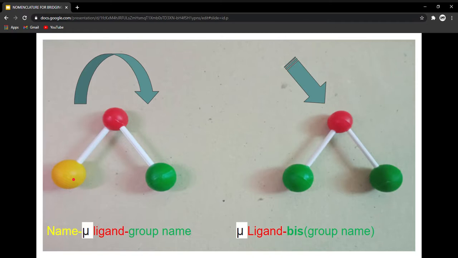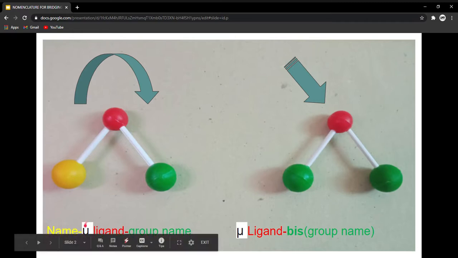You name the group present on your left-hand side first. Then you give the name of the ligand, according to the IUPAC nomenclature rule. Then you name the group present on your right-hand side. Since the complex holds the bridging ligands, we give the symbol mu.